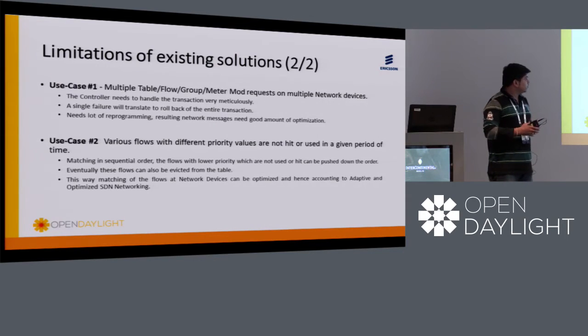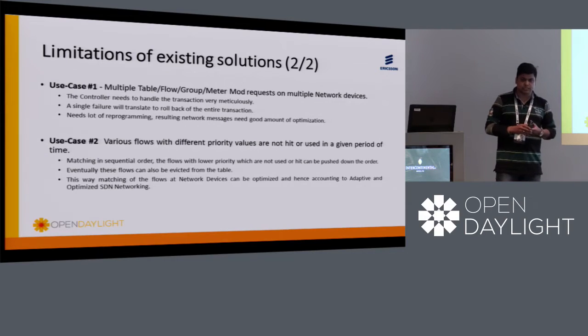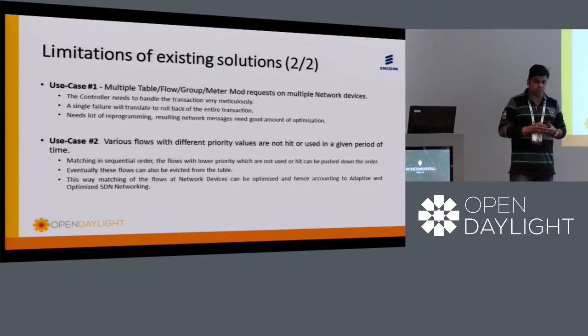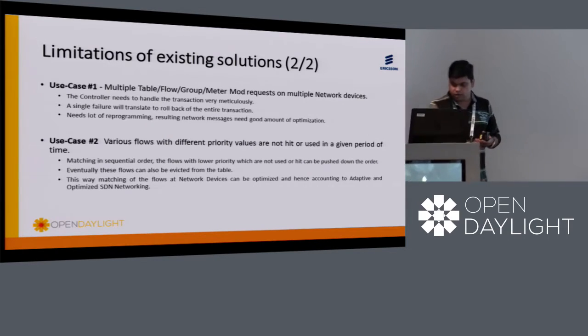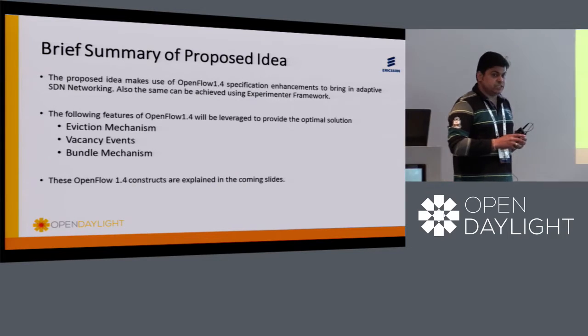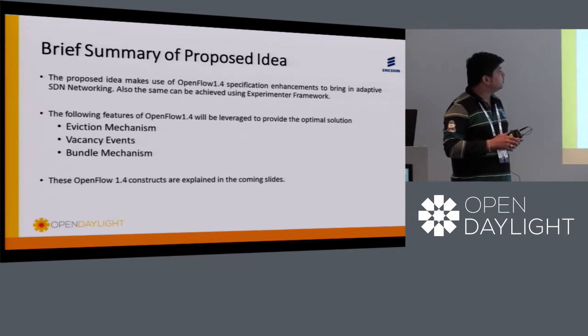Use case 2 can be there are flows which are staying in the switch, but they are never being hit and they are just consuming the table space. So there are mechanisms by which we can remove those flows and get the higher priority flows go down to the switch. So that was the limitation which we'll be solving, and how we'll be solving this.